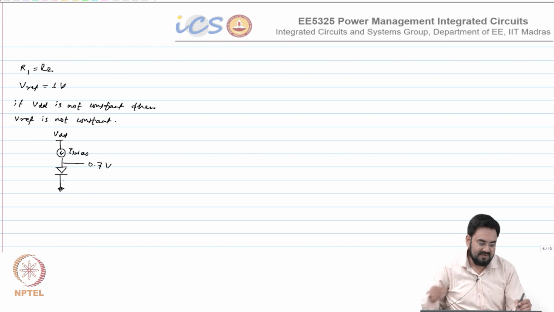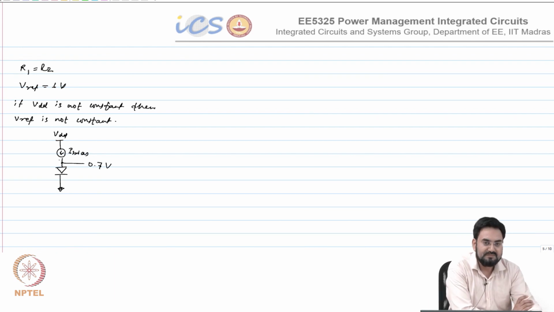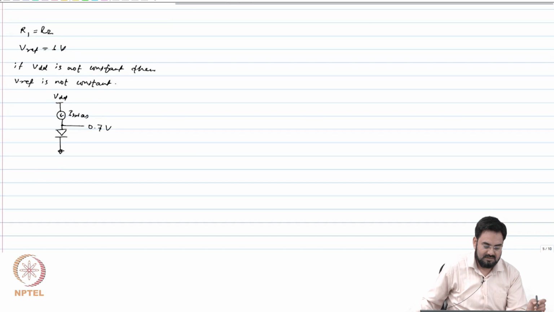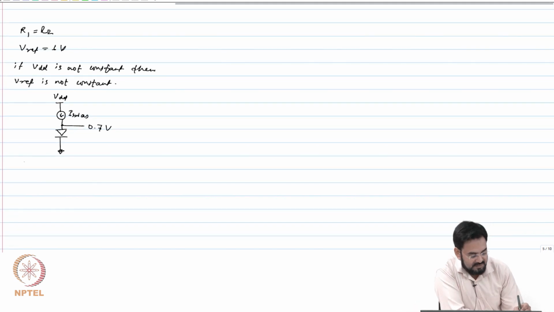Can I use this as a reference? 0.7 volt. This will be constant, so maybe with the VDD it may not change. Okay, but what about temperature and process? Okay, so this is not constant across temperature.